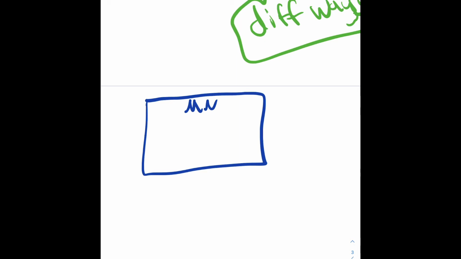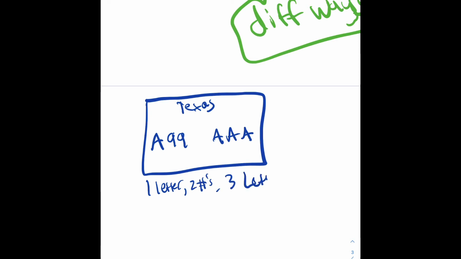The example we have is the state of Texas, and they have one letter followed by 2 digits followed by 3 letters, like A99 and then something like AAA. So 1 letter, 2 numbers, 3 letters.